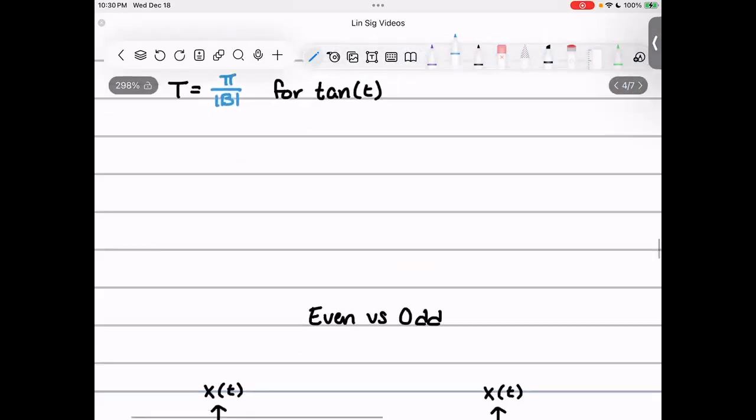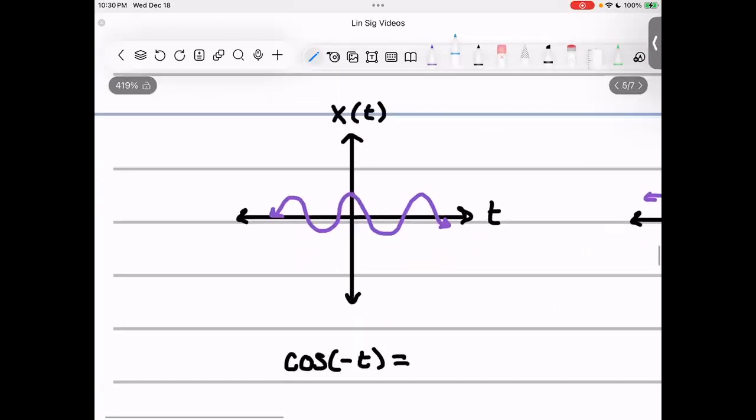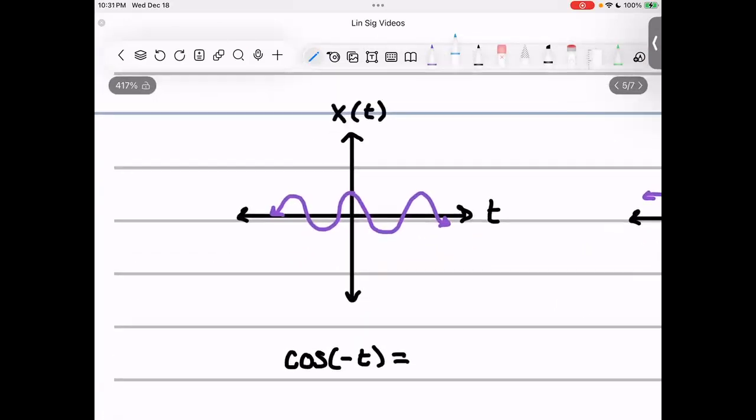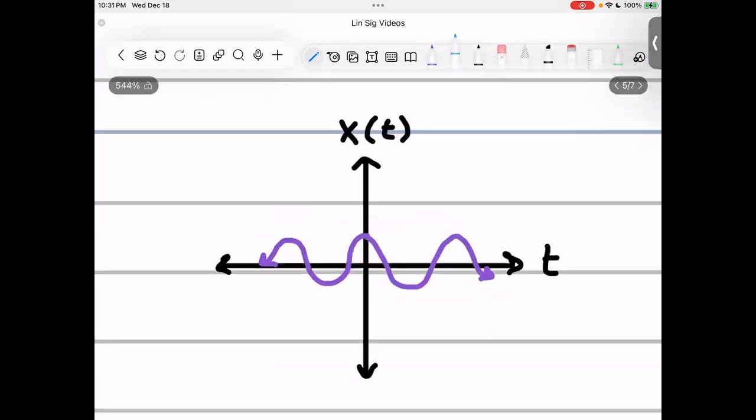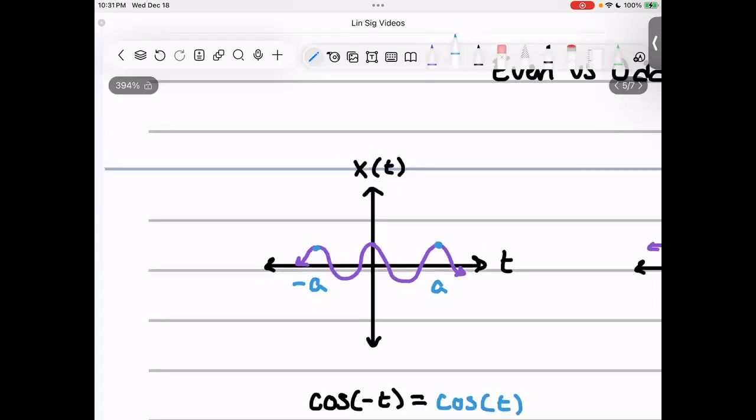We also have even and odd functions. If you get an even function like cosine and you evaluate cosine of negative t, you're going to get the same thing as cosine of t. For example, here on the graph, you can see that if we evaluate at point a, the y-axis value that we get is the same as it would have been if we evaluated at negative a.